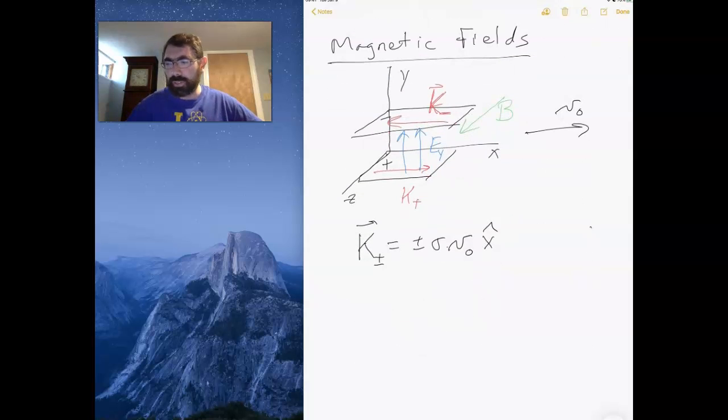So the magnetic field that we would expect to measure in the z direction is minus mu 0 times the current, essentially. Now let's say that we have a third frame which is moving with the velocity v.